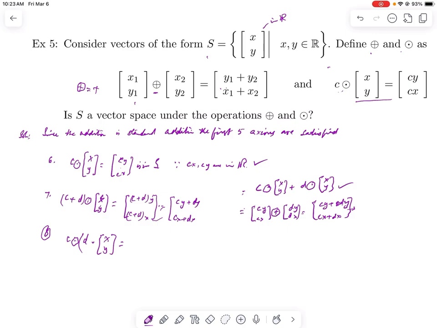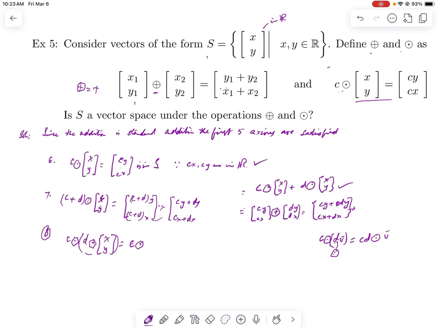So we want to show this c dot (d dot V) is the same as (cd) dot V. This one also should use this type of multiplication. So c dot xy equals what? We have c here as multiplication.